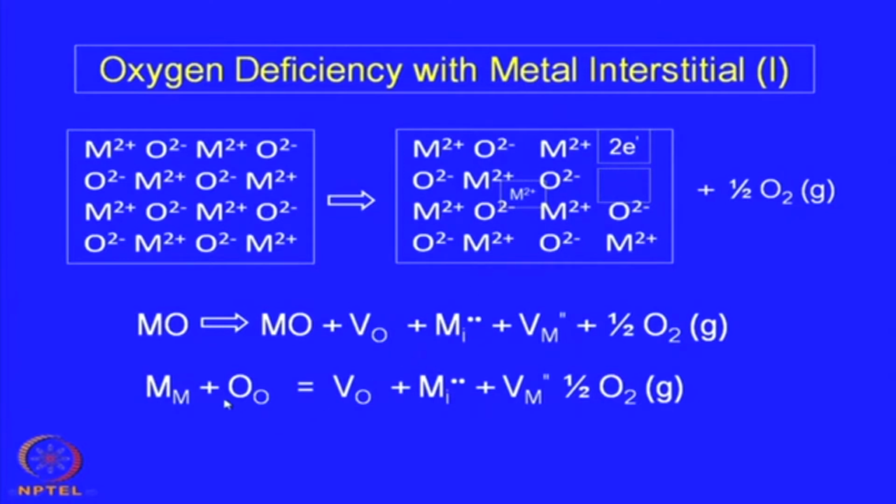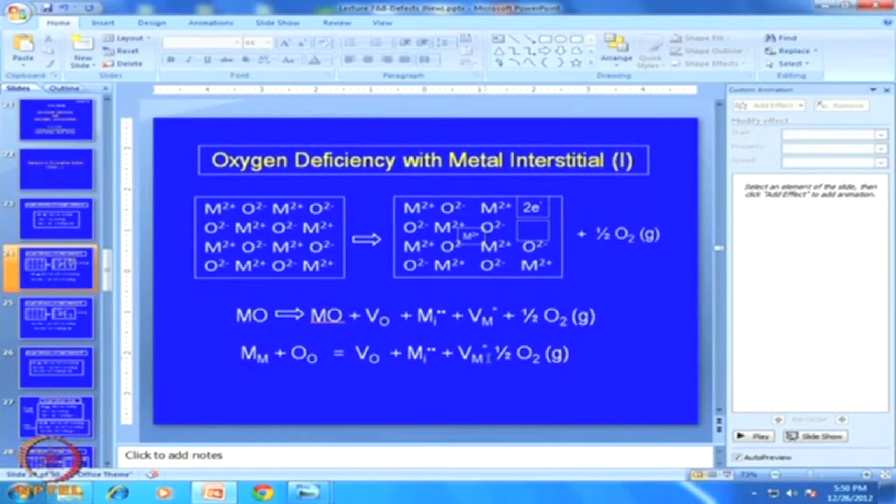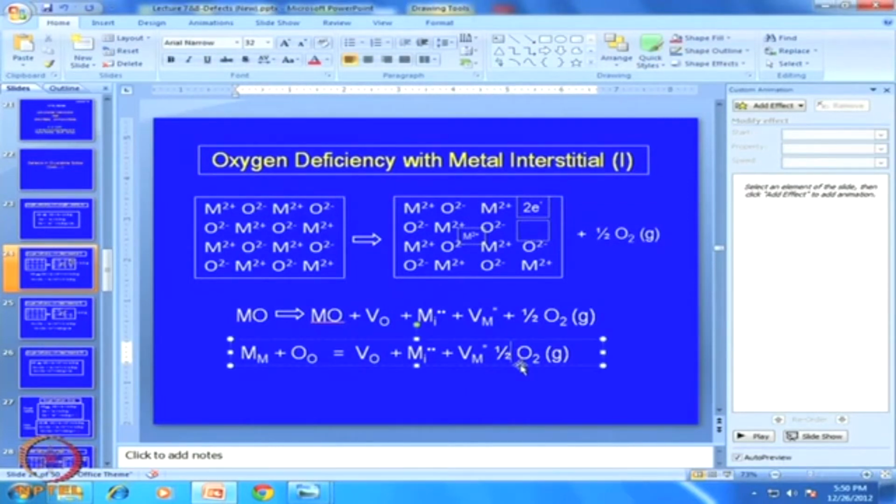So, overall you can equate. Now, this is not an actual equation, it is not an equality sign, but if we consider the lattice, both the oxygen lattice and the metal lattice are involved here. So, oxygen vacancy is created, metal interstitial is created, then a metal vacancy has also been created. Oh, there will be a plus, sorry. There has to be a plus.